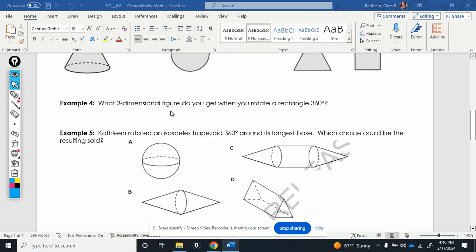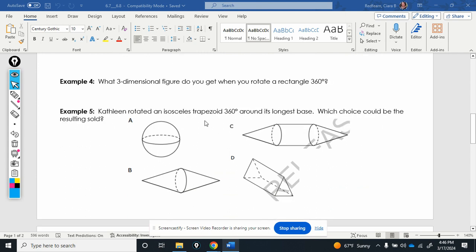Example five, it says Kathleen rotated an isosceles trapezoid 360 degrees around its longest base. What choice could be the resulting solid? Okay, so if you do not know what an isosceles trapezoid looks like, this is an example of an isosceles trapezoid.